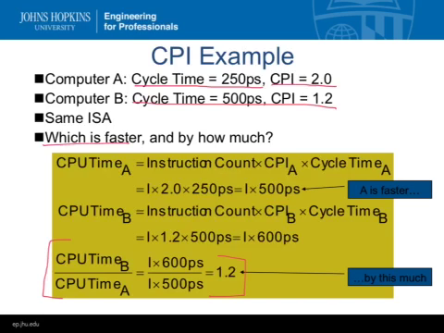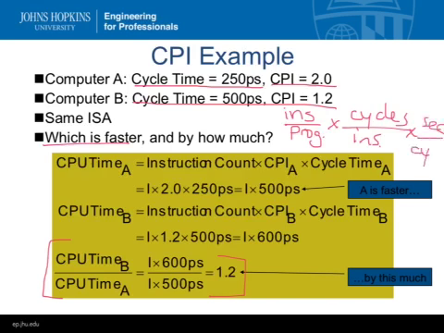We do that by multiplying the instructions per program times clock cycles per instruction times the seconds per cycle.